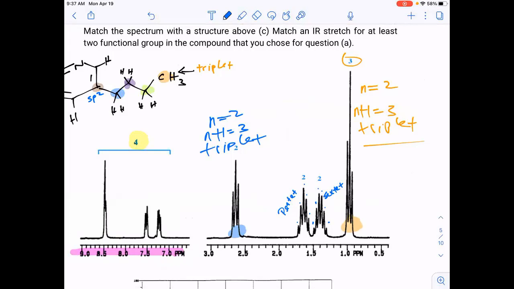What would the coupling or the multiplicity be for that signal? The splitting pattern. So N would be 4, right? Yes, it's got 4 protons adjacent to it, 2 on the left, 2 on the right. That's exactly right.